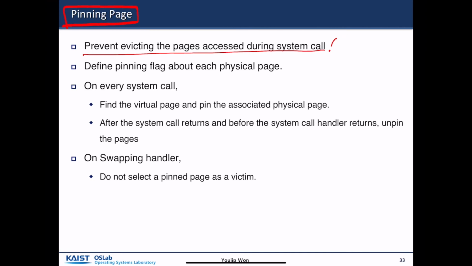To enable this feature, you have to define a pinning flag for each physical page. So on every system call, find the virtual page and pin the associated physical page. After the system call returns, and before the system call handler returns, you have to unpin the page.